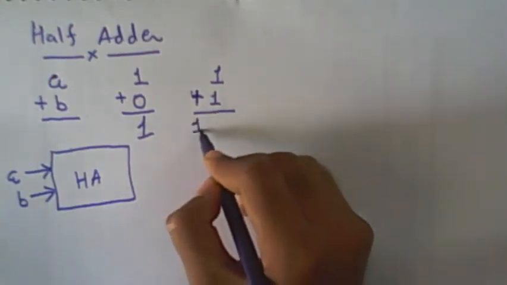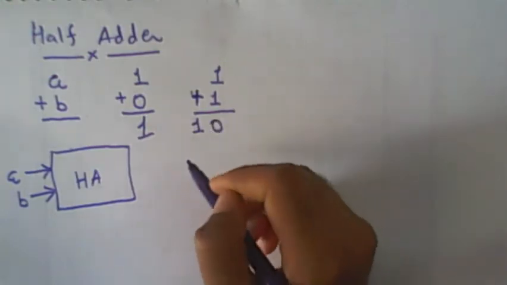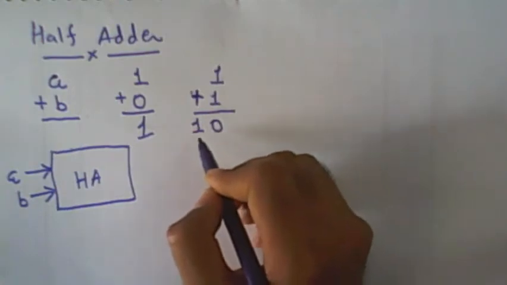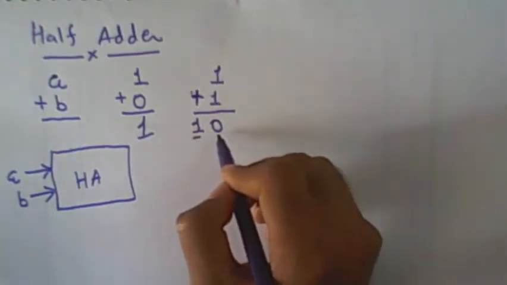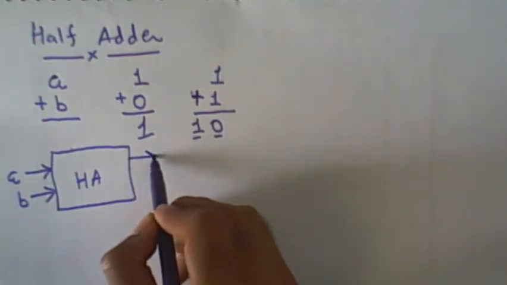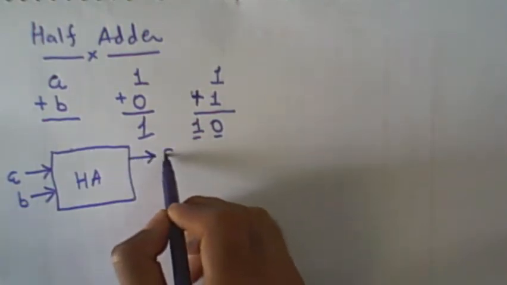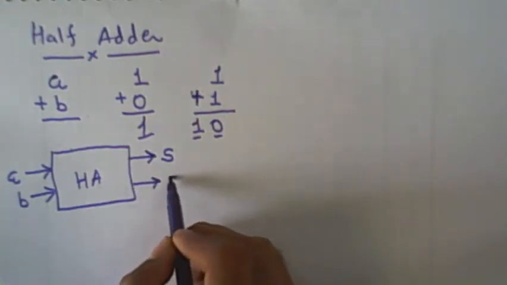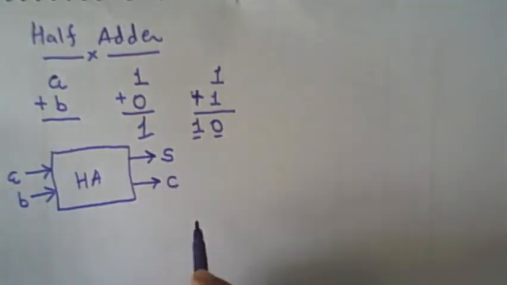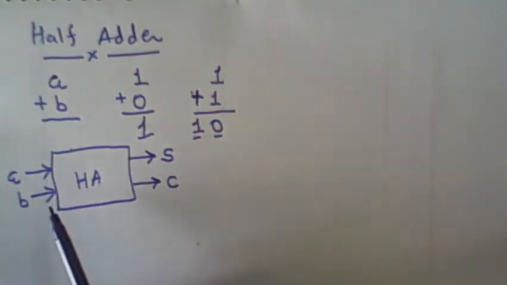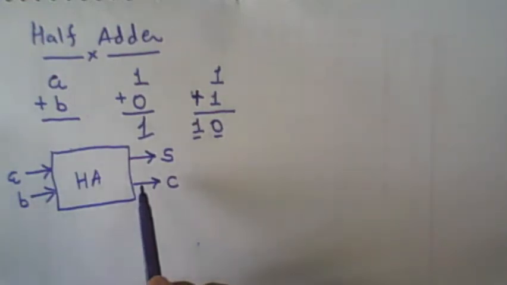It is carry equal to 1 and sum bit equal to 0, right? So if we add 2 bits, we require at most 2 output variables. In this design, we require 2 output variables: one we call the sum and another we call the carry. So in a half adder, we require 2 input variables and 2 output variables.